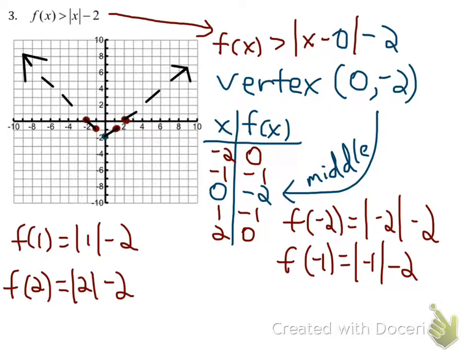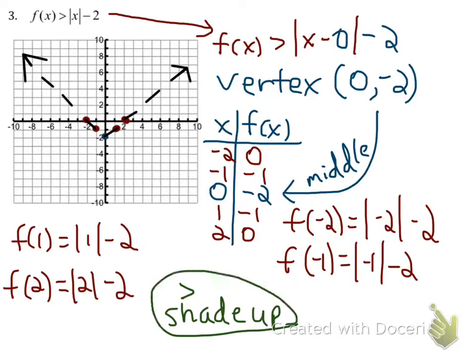Our inequality sign is greater than, so if I point to the vertex, and it's greater than, we shade up. Everything above this V, everything above these lines, will be shaded, because it's greater than. There it is: greater than shades up, and there is the shading.